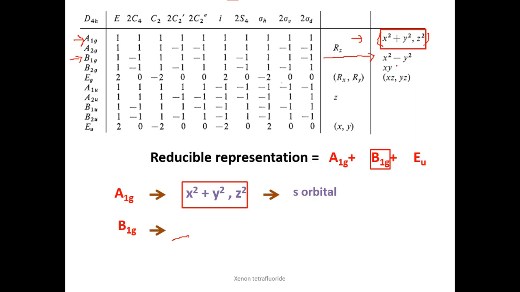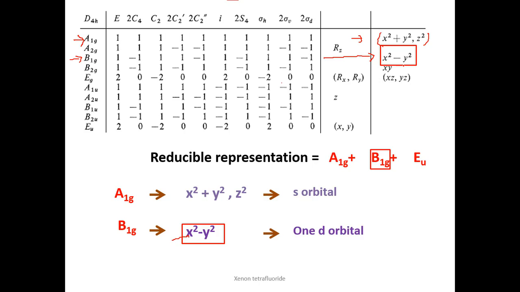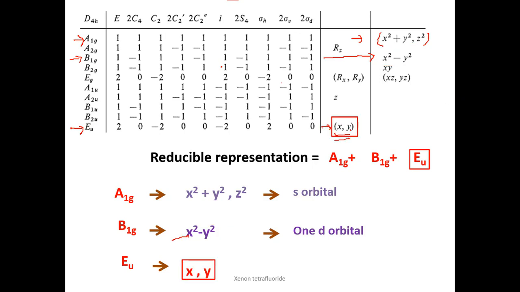You find only one term, x squared minus y squared. x squared minus y squared represents the d orbital, 1 d orbital. Finally, only one more term is left out, Eu. Go to the Eu. You find x, y written there. When you find x, y, they represent the two p orbitals.